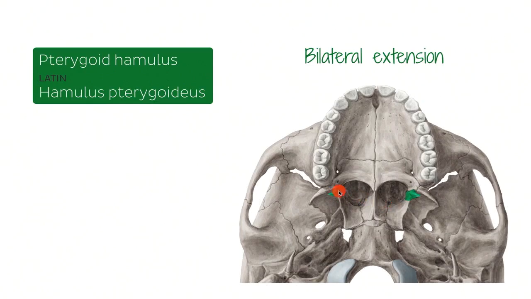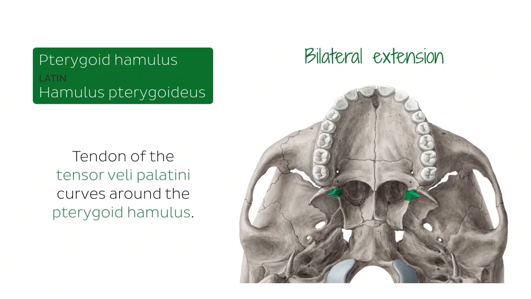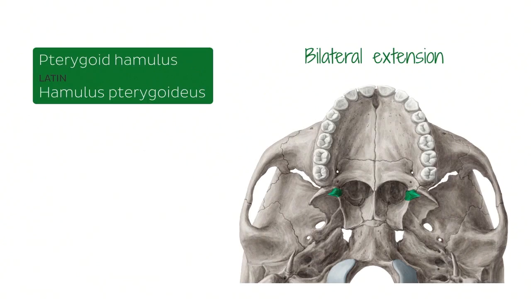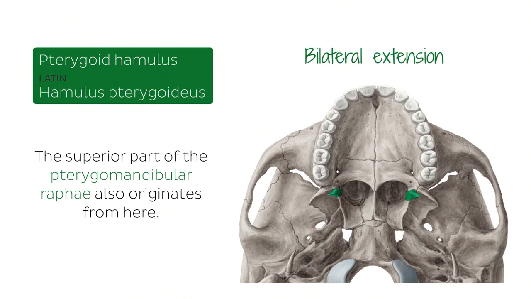And this is the bilateral extension here, this pterygoid hamulus, that has importance because the tendon of the tensor veli palatini curves around the pterygoid hamulus. And also another importance for this structure is that the superior part of the pterygomandibular raphe also originates from here.